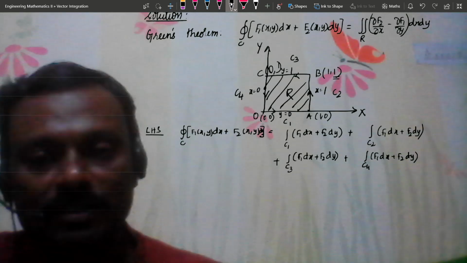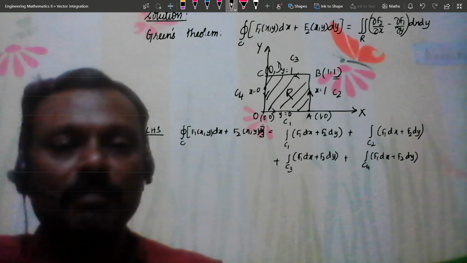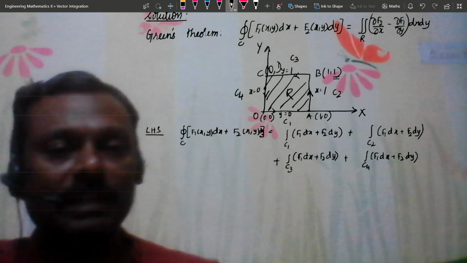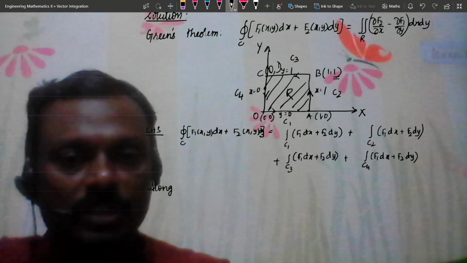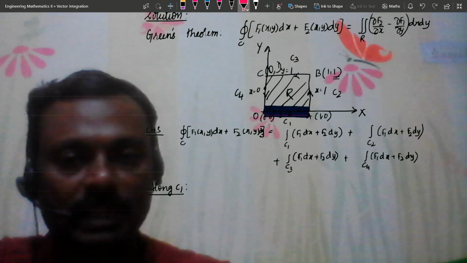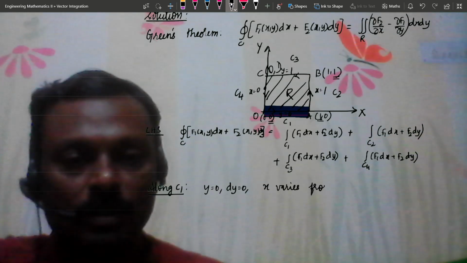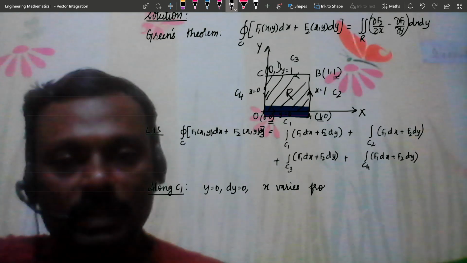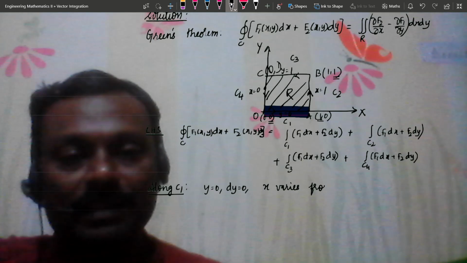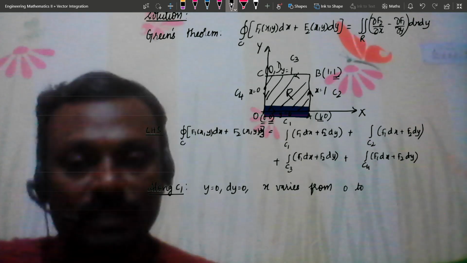As we have seen in the statement of Green's theorem, the boundary could be finitely many linear curves or straight lines. So now along C1, that is along OA, we see that y remains 0 throughout. At O it is (0, 0), at A it is (1, 0), so y remains at 0, whereas x varies from 0 to 1.